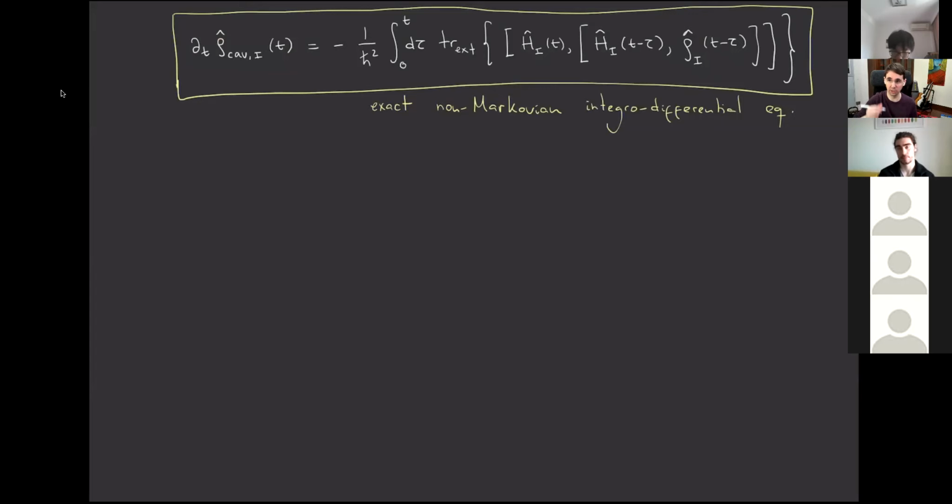And of course, as you can imagine, now we are going to make some approximations that will turn this exact non-Markovian integral differential equation into an approximate equation that is Markovian and will not be integral. It will just be a differential equation. And this will be the master equation.